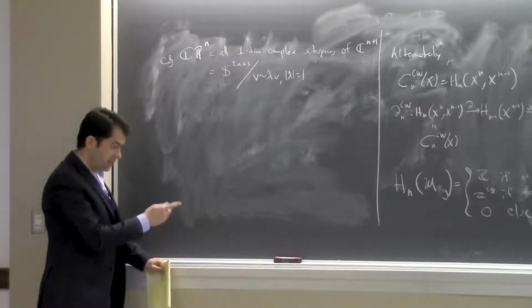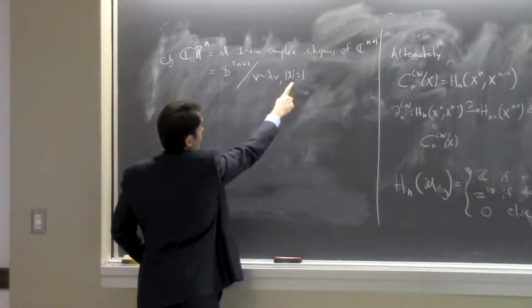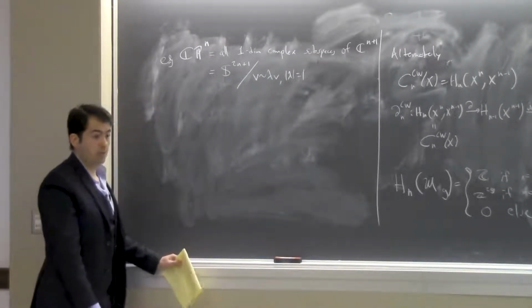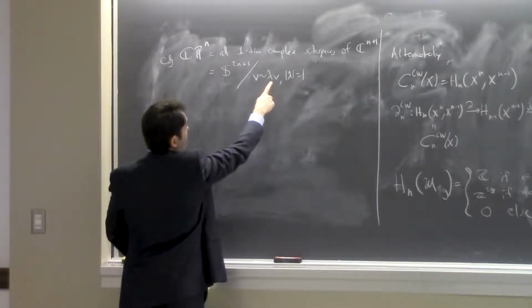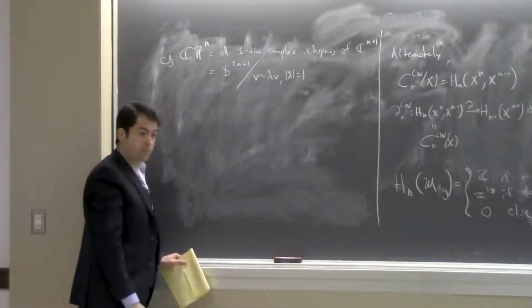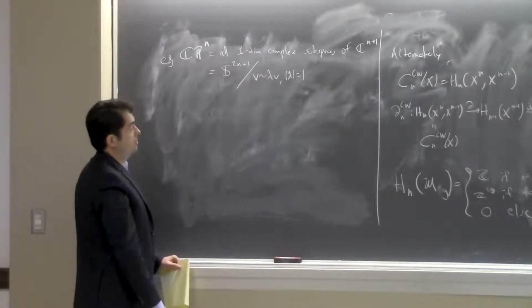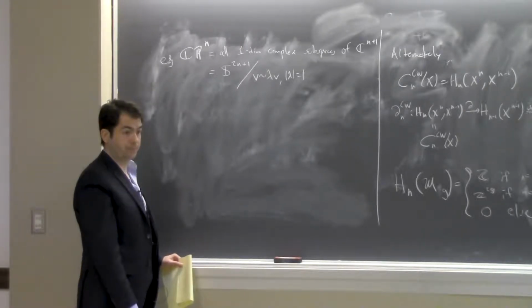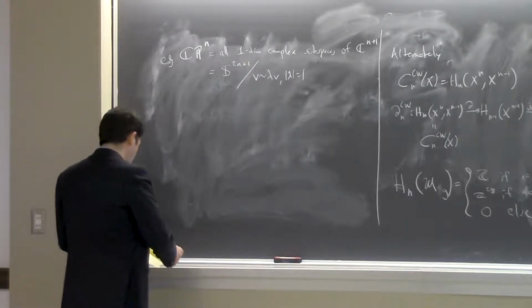That means that for the unit ones, you have a whole circle's worth of unit vectors. But otherwise, you're doing the same thing. You're looking at the appropriate sphere, and you're identifying 2 vectors if they come from the same complex subspace, which means if they differ by multiplication by a unit complex number. Okay? So that's the space.